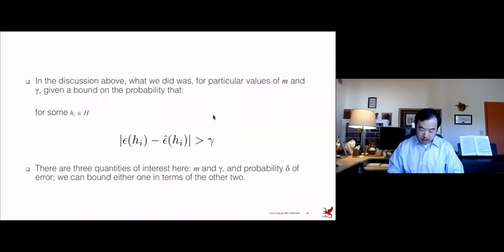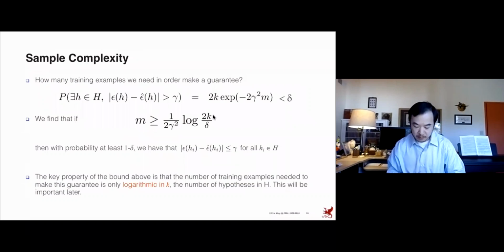Okay, so in the discussion above, we basically are able to now establish a connection between the two types of errors. One is the true error, the other is the empirical error for any hypothesis, and then the gamma, which is the bound of the differences, is a function of the number of examples, the size of the hypothesis space, and also the magnitude of the true errors and so forth. Right. So we can plug in those numbers. Let's assume that we want this probability to be very small.